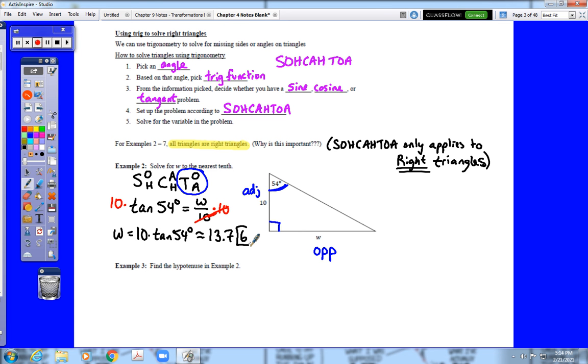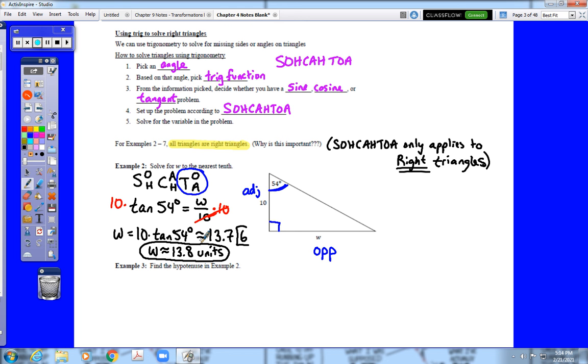When you've got 2 choices, radian and degree, make sure your calculator is set to degrees. Anyway, 13.76, that 6 tells us to round the 7 up, meaning our final answer is W is approximately 13.8 units. It is a side length, so it's 13.8 units.